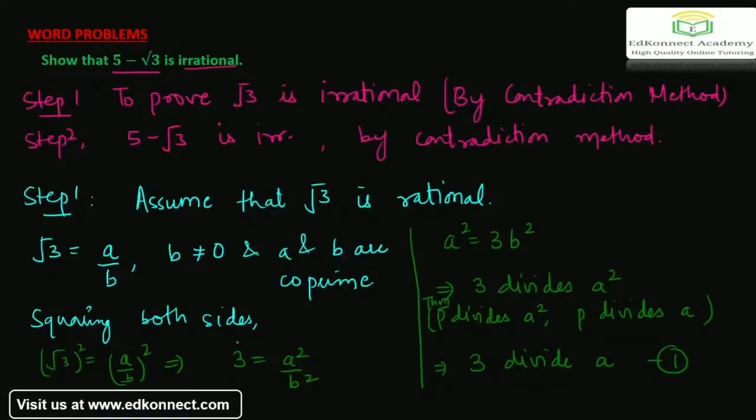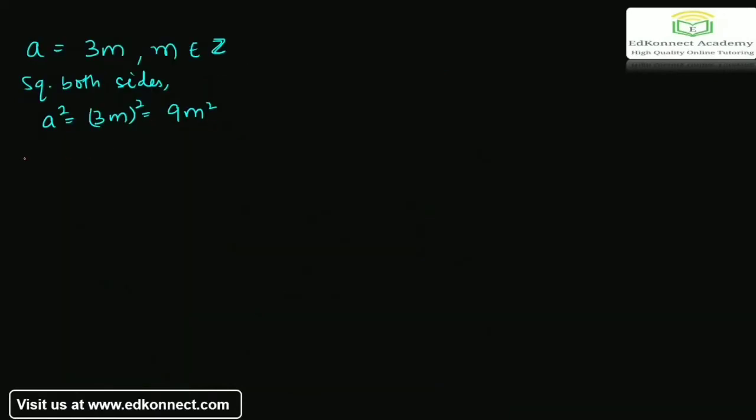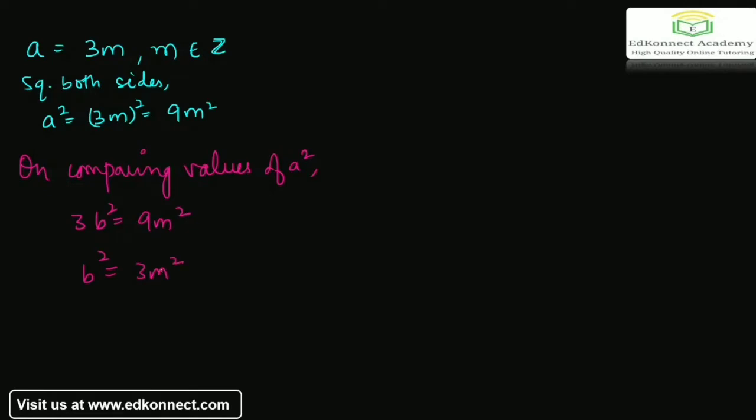Now a square was equal to 3b square, and a square is equal to 9m square. So on comparing values of a square, we get 3b square is equal to 9m square. From here b square is equal to 3m square.